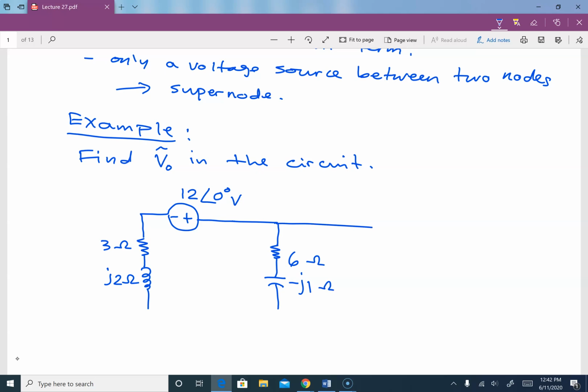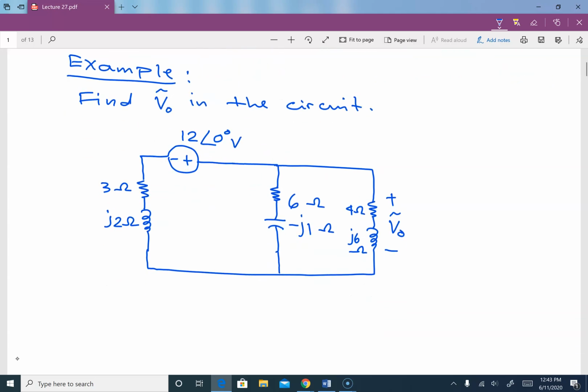Then at this side we have 4 and J6 ohm, and this is where we need to find V naught across this impedance.